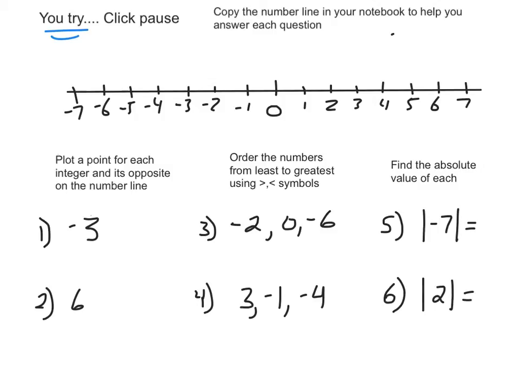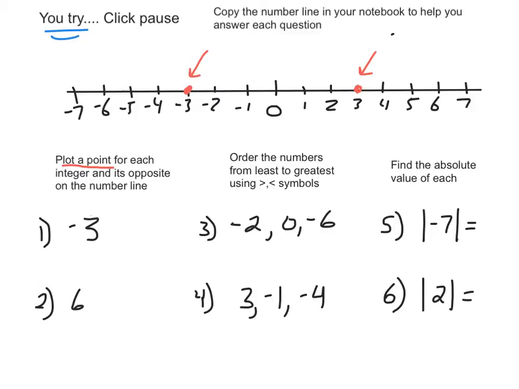Okay, number 1. Plot a point for each integer and its opposite on the number line. So I could plot -3 and its opposite would be 3. So number 1, this would be the correct answer, plotting both of those points.